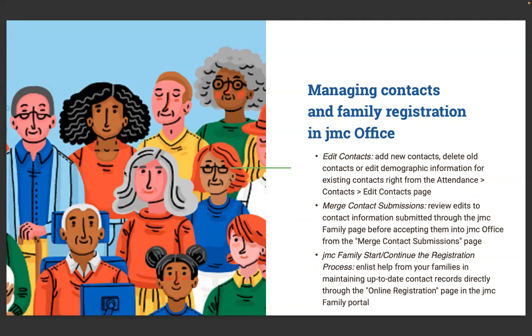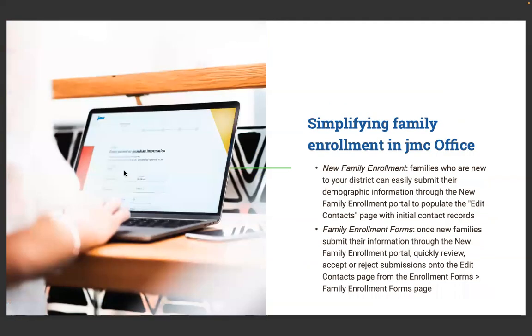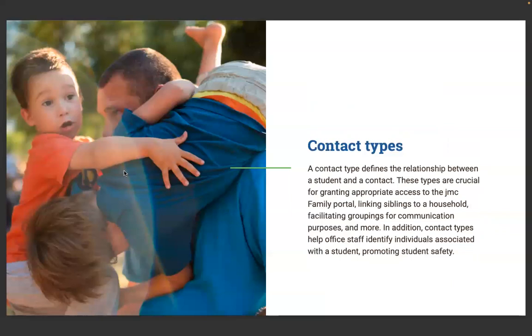So a few different ways of managing contacts efficiently. We have the new family enrollment portal, and we've got family enrollment forms. Once families submit their information through the portal, you can review and then accept or reject those submissions on the enrollment forms page.